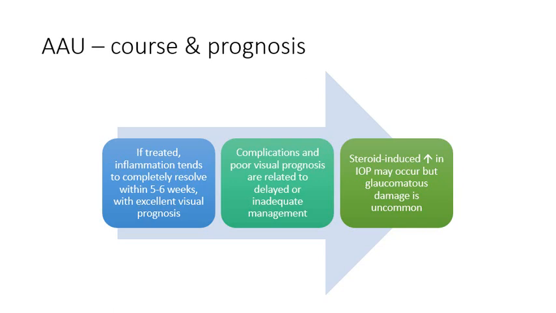So what happens to these patients with acute anterior uveitis? Well, actually, the situation is quite good, particularly if they get treated quickly, and the uveitis usually resolves within 5 or 6 weeks, and the prognosis for good visual outcome is quite high. The problems arise when they don't seek treatment immediately, or the treatment doesn't properly manage the condition.